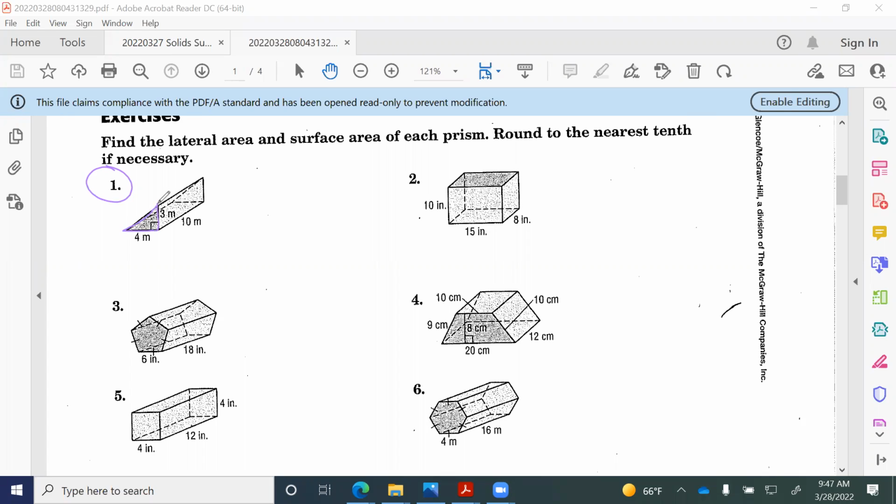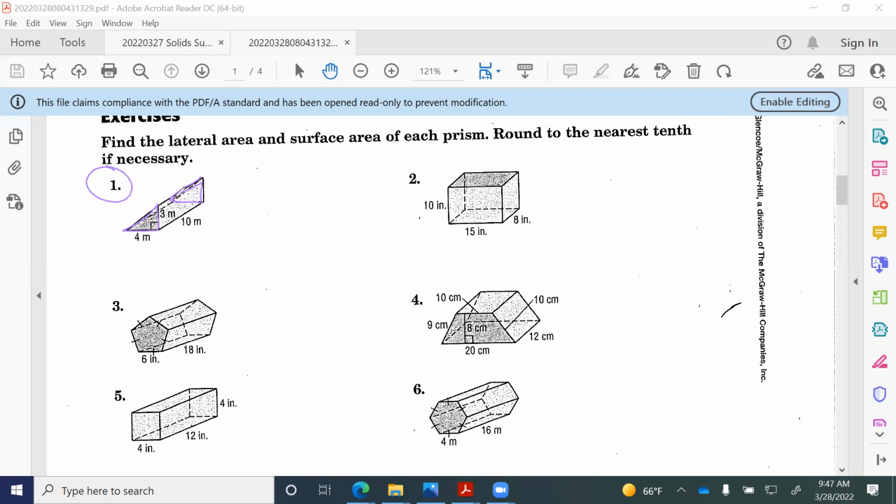So this is a triangular prism. Again, we know this because these 2 triangles are both parallel and congruent on the figure. That's why that one's considered our base. Now we can find all the parts that we need in order to find both lateral area and surface area, because that's what they're asking for.